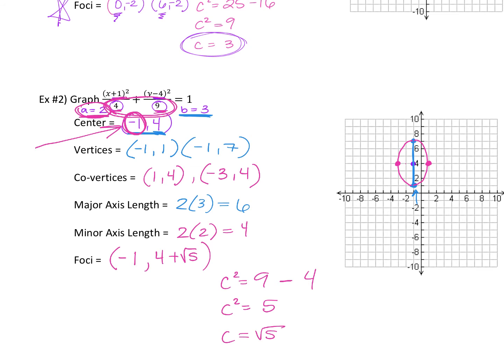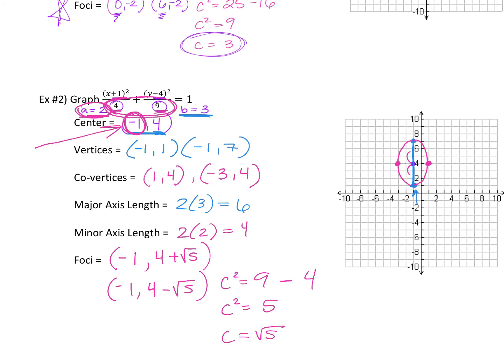But then you also have to go down from that. So -1, 4 minus rad 5 would get you your other one, right?